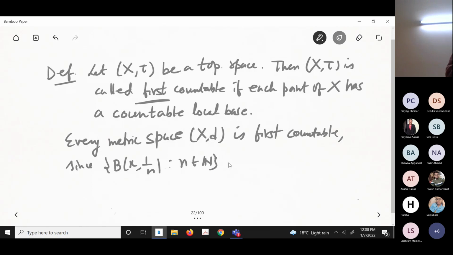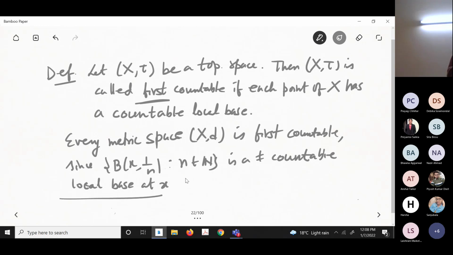Is a countable, sorry, is a countable local base, the countable local base at x, for each x in X. Okay, so every metric space is first countable.